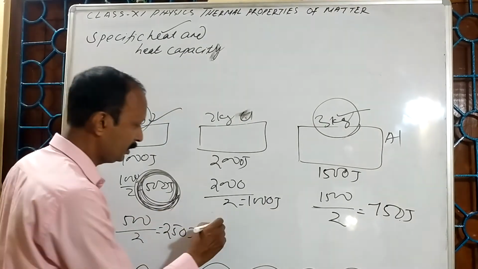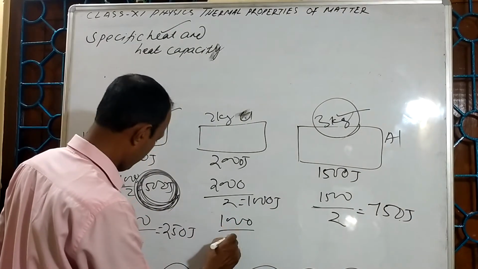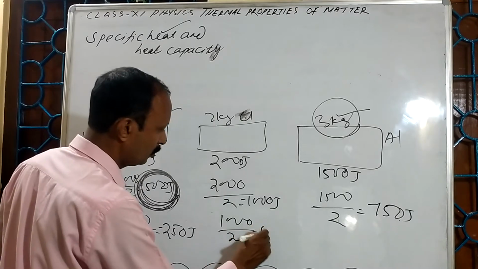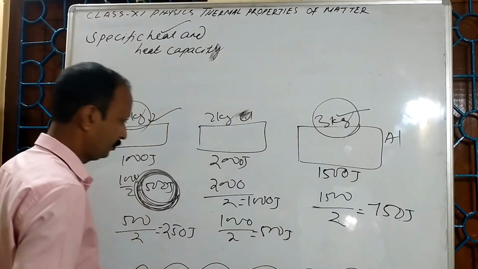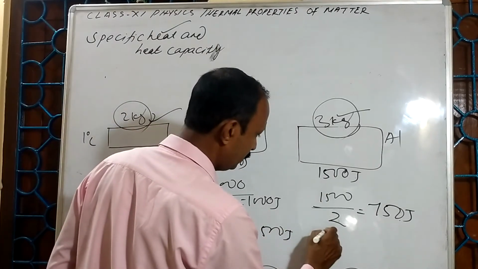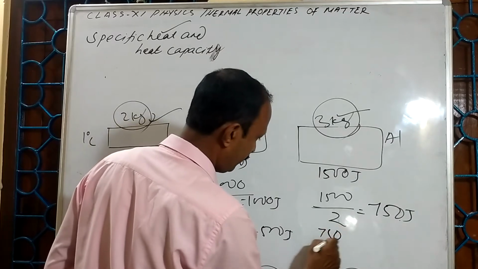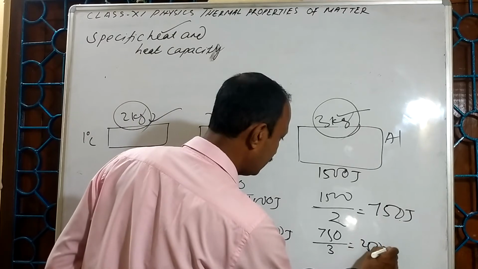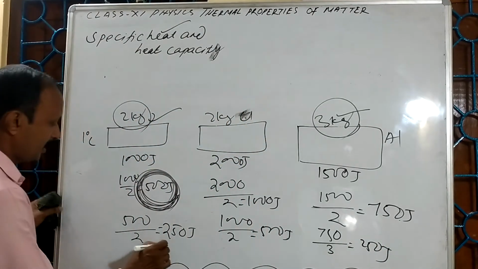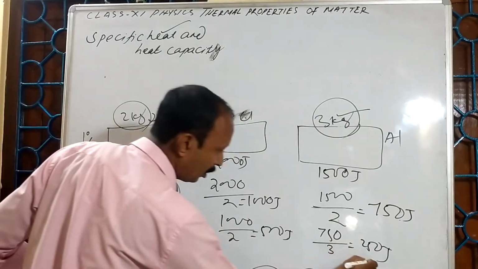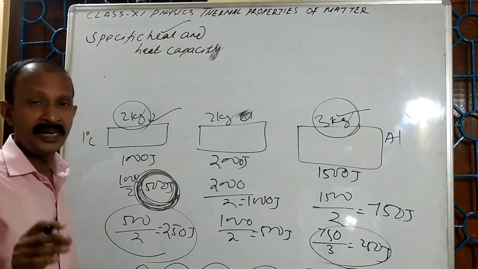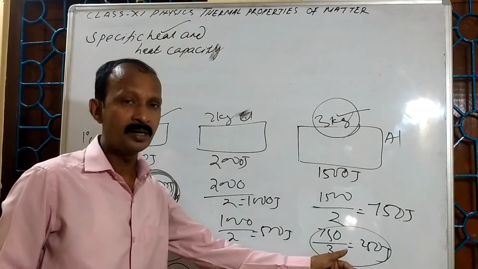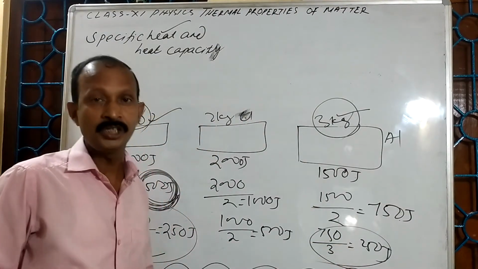This is for 1 kg, 1000 upon 2, this is equal to 500 joule. This is for 1 kg, 750 upon 3 is equal to 250 joule. I want to say that in the first case and the third case we need the same amount of heat energy.